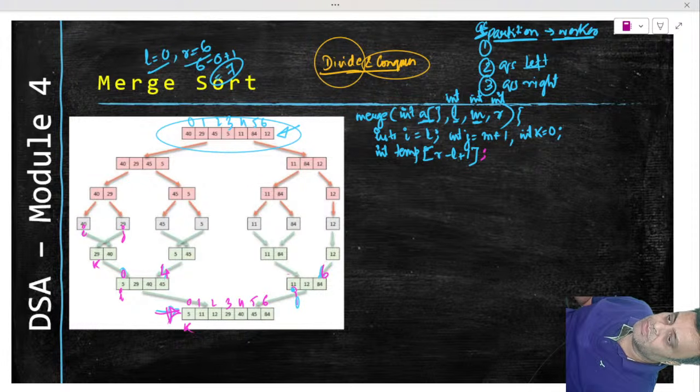So now let us move to the next line. We will now need to merge both the halves, right?